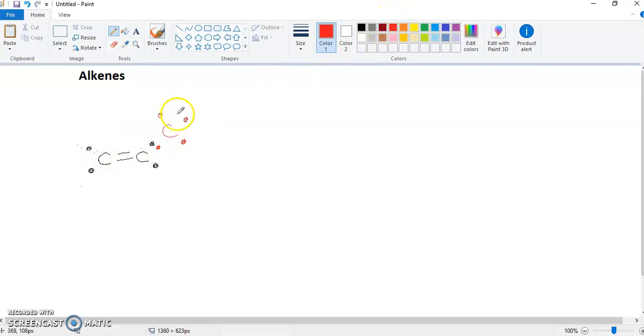And now I've got 3 carbons in a row, and that will be drawn like this, like that. And methane, ethane, propane, this is then propene with the double bond giving it the ene at the end. And of course what we can do is we can fill in the gaps with hydrogens like this.